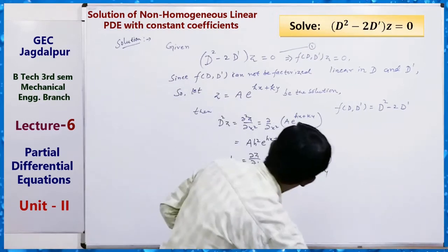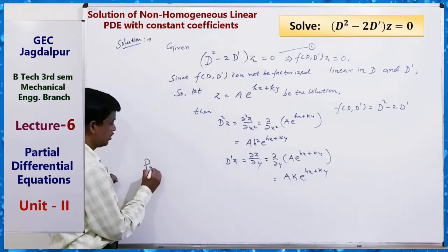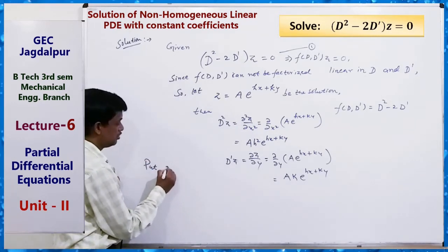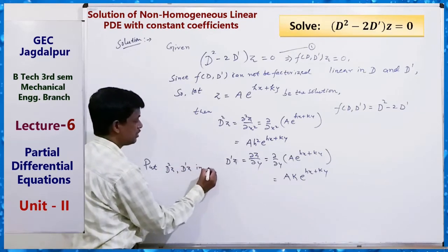put these values, D square Z and D dash Z, in 1.